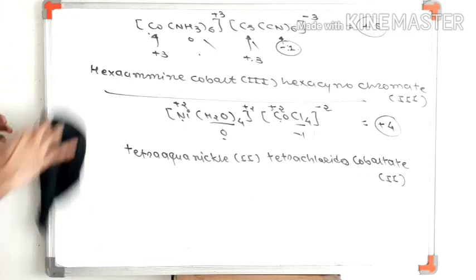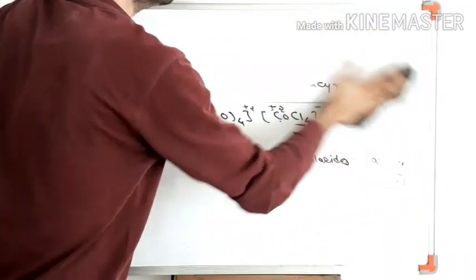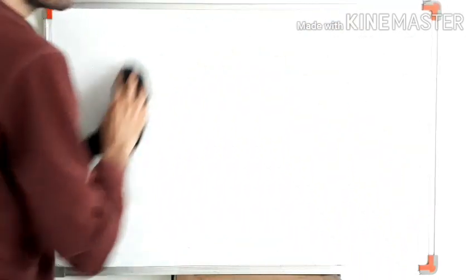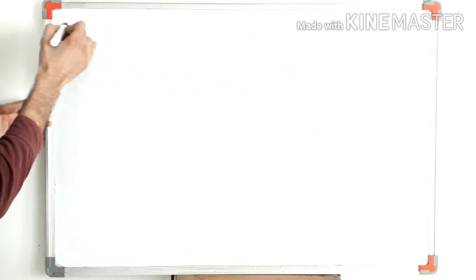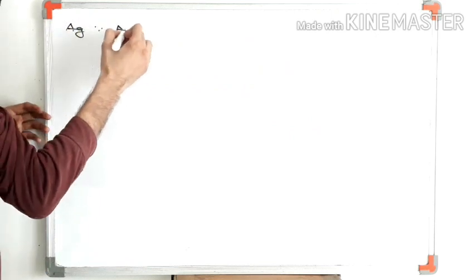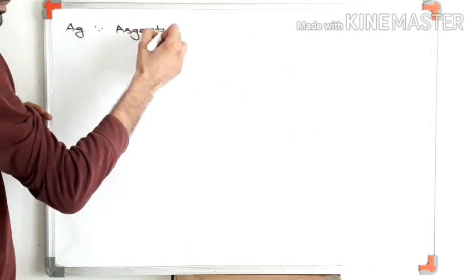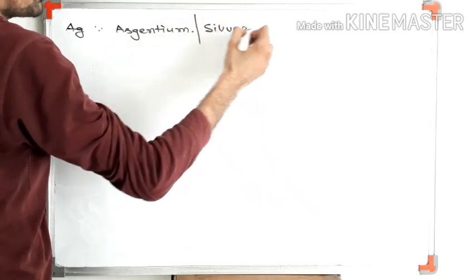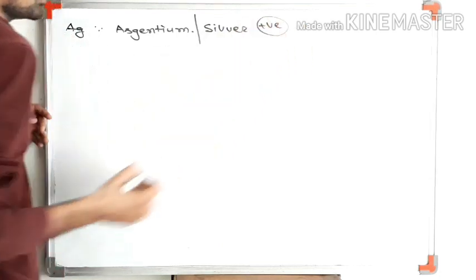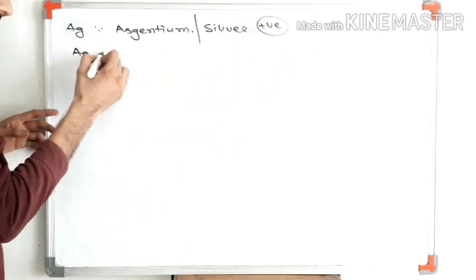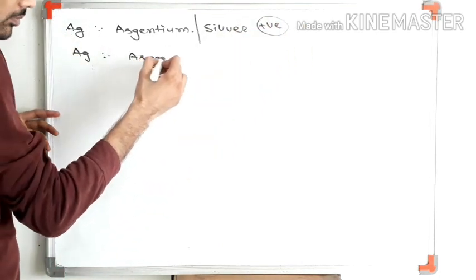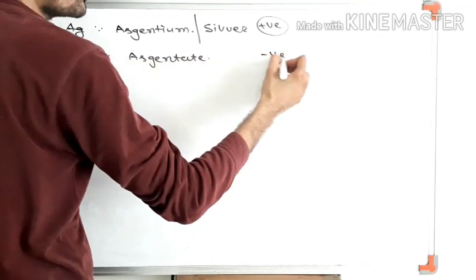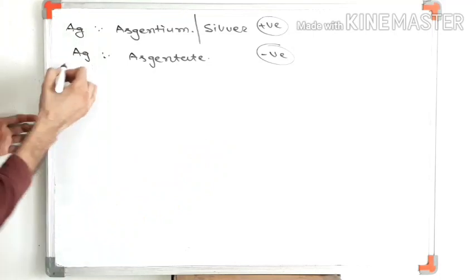Like for Ag, argentum or silver for positively charged, but argentate for a negatively charged complex.